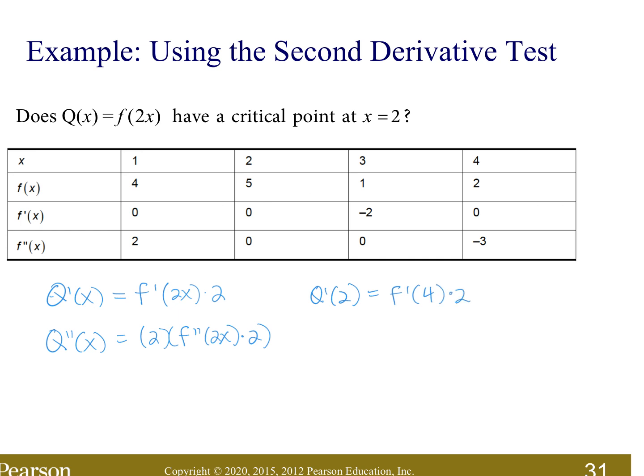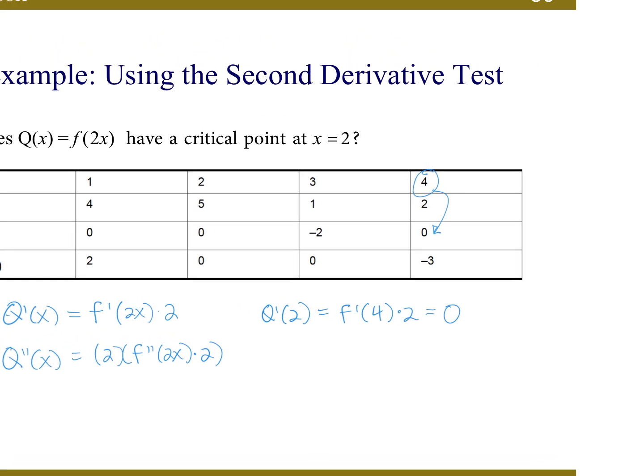And according to the chart, f prime at 4, okay, so here's 4, and there's the f prime value, that's going to be equal to 0. And again, what does a prime value of 0 tell you? It tells you that you have a horizontal tangent. It does not tell you if you have a critical point. You need to know what q double prime at 2 is.